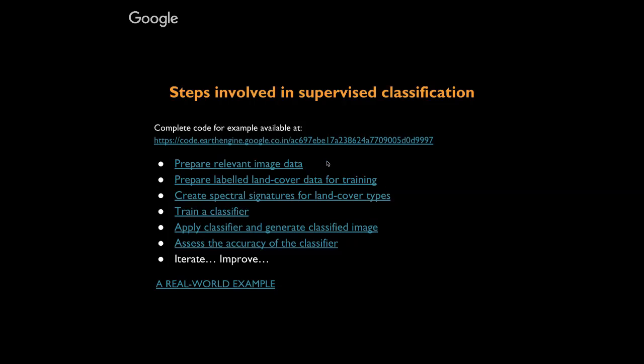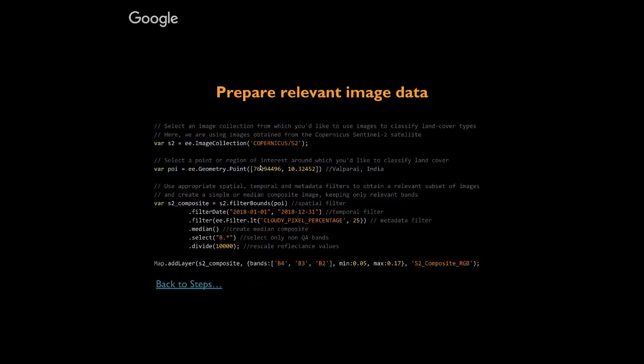There are 6 steps that I have summarized that are necessary for us to get moving with supervised classification. So first is to prepare relevant image data. What we will first do is identify a satellite sensor from which we will get images, and we will import that into a collection.